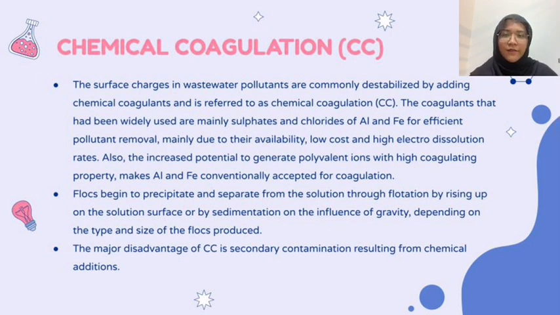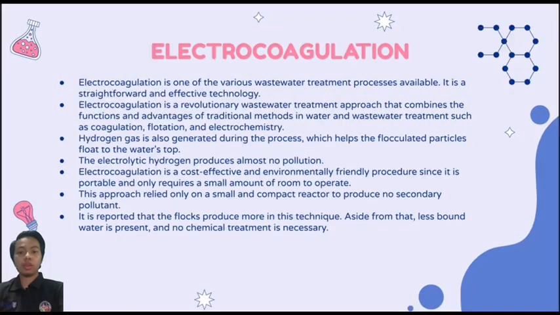The major disadvantage of CC is secondary contamination resulting from chemical addition. Additional separation steps are mandatory to remove the harsh chemicals from the final treated water in CC, making the downstream process more complex. Therefore, the emerging technology of electrochemical coagulation with negligible chemical input becomes more appealing.